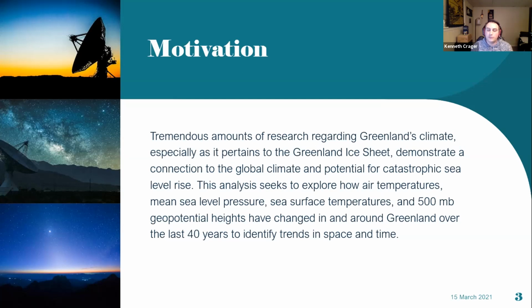It's going to lead to increases in sea level and so on and so forth, and all the second, third, fourth order effects of these changes. But again, my analysis is really just looking at a couple key meteorological parameters and how they've changed over space and time, to explore what's happened in the last 40 years and less try to explain it.